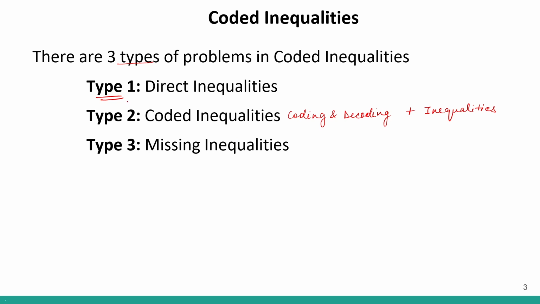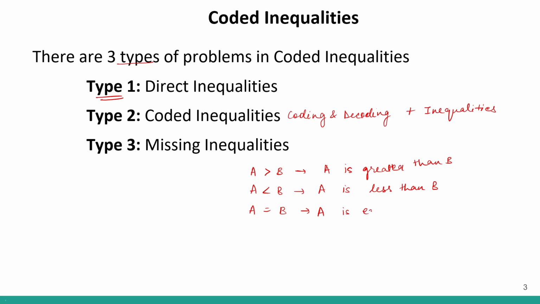In inequalities we know that there are only 5 symbols. A is greater than B is represented like this, correct? A is less than B is represented like this. A is equal to B is represented like this.